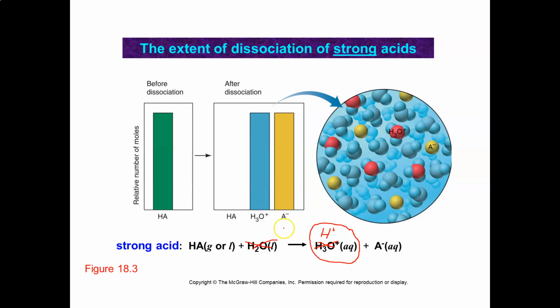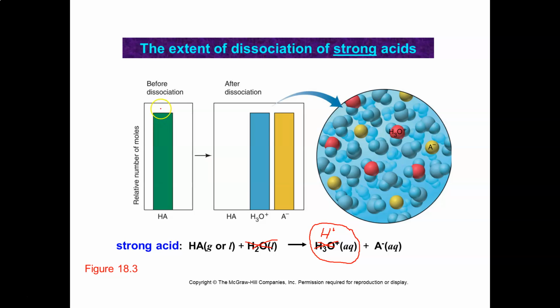So a strong acid is going to dissociate completely in water, and all of the HA will break up and dissociate into H plus and A minus. Since we have a 1-to-1 ratio here, we break up into a 1-to-1 ratio with our ions.